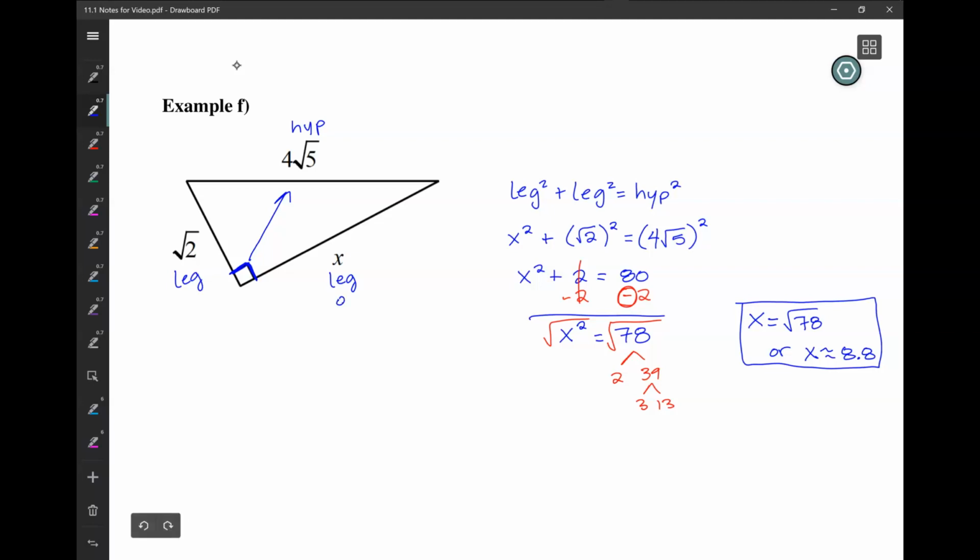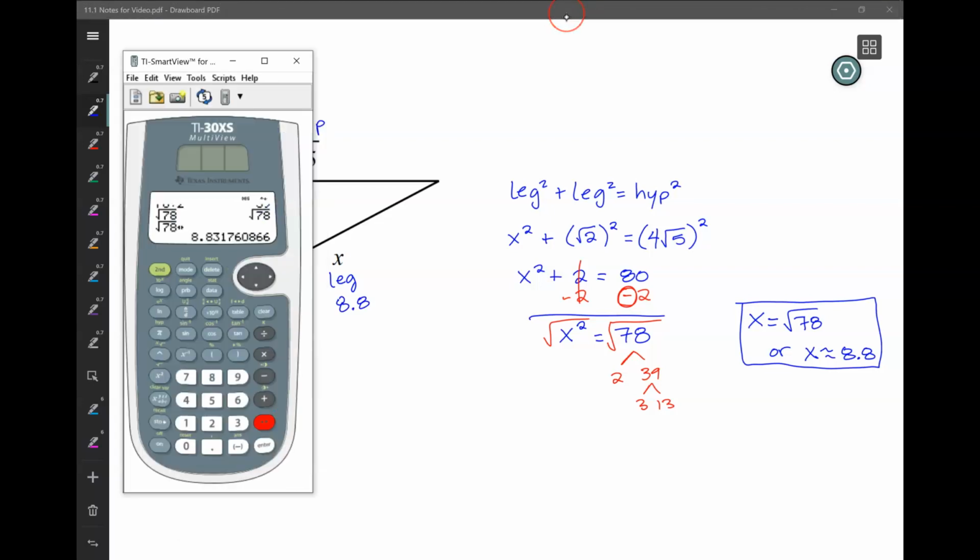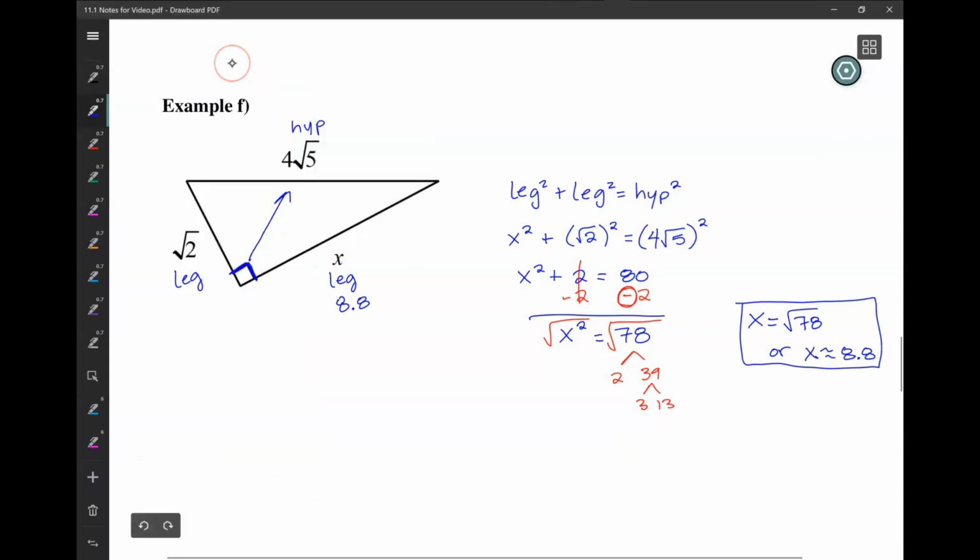So if I wanted to figure out which side was the longest on here, I would need to get decimals for all of them. 8.9, and that's about 1.4. So the hypotenuse is the longest side.